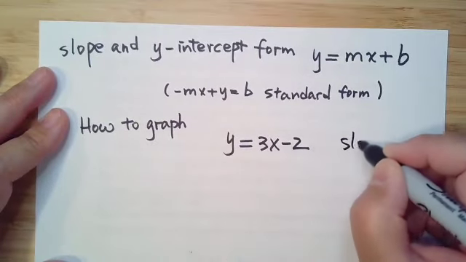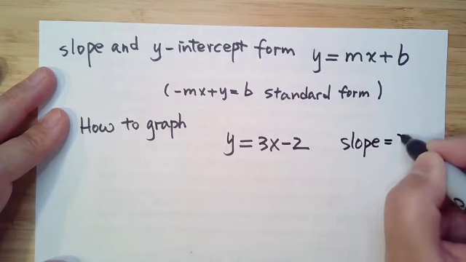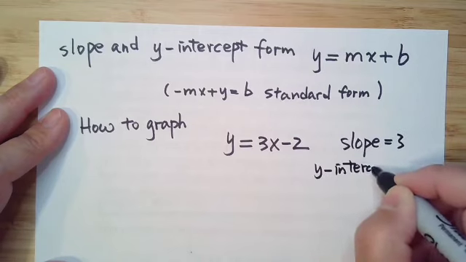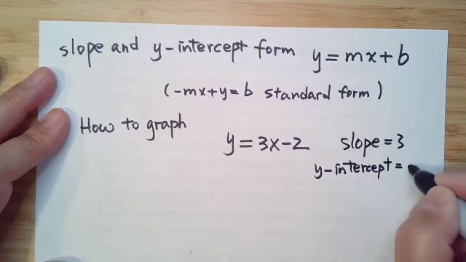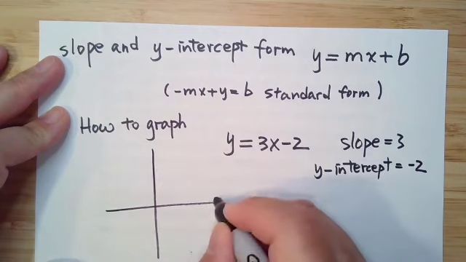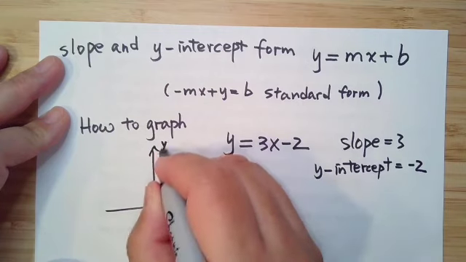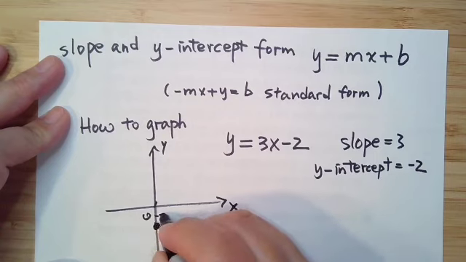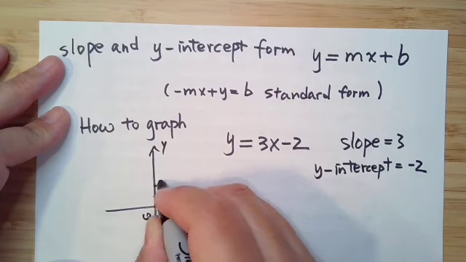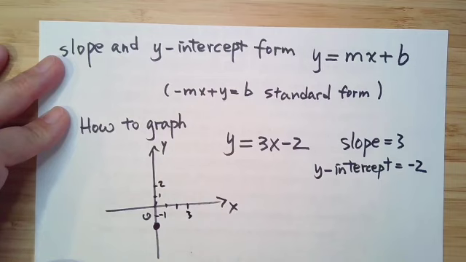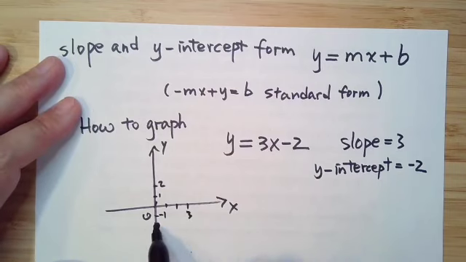The slope is 3, and the y-intercept is -2. The y-intercept is -2. That's -1. Here's 1, here's 2, and 1, 2, 3, and so on. So we have 1 point. That's the y-intercept. We already know that.